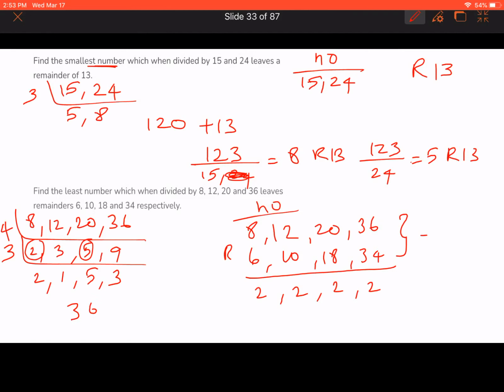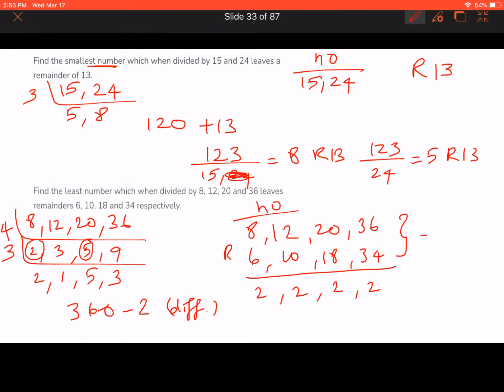360. Okay, so now what we have to do is subtract the common difference from the number. We have to subtract the difference, not the remainder, because if we subtract the remainders, we will be getting different numbers, right?